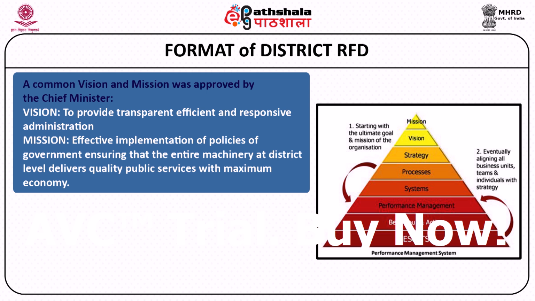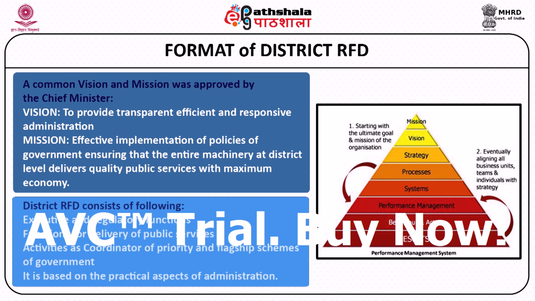The district level RFD document includes the following: executive and regulatory functions, functions for delivery of services, activities as coordinator of priority and flagship programs of the government. At this level, the RFD is basically based on the practical aspects of governance and administration.